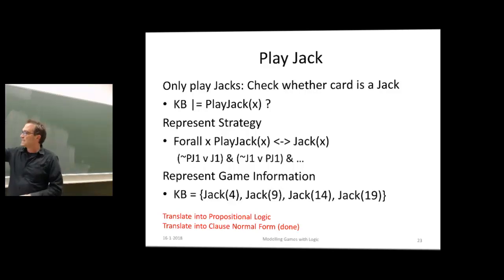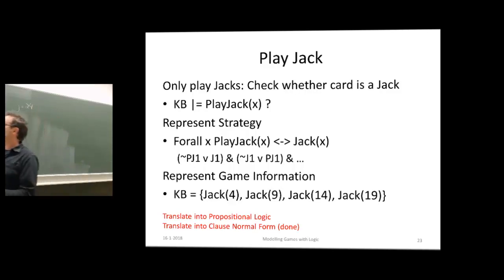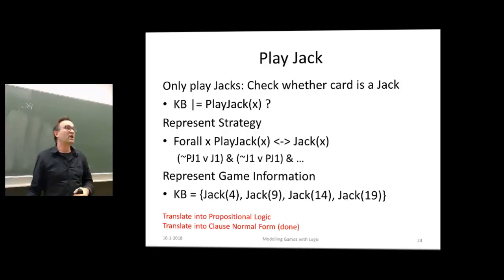So basically we say the 4 has the property of being a jack if and only if the proposition jack 4, and that's a new proposition, is true. So I translate this first order statement of jack of 4, which is a property of 4, into a propositional statement. And I just have to add all of these to my propositional knowledge base to have the same information.